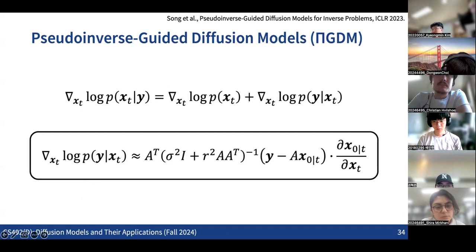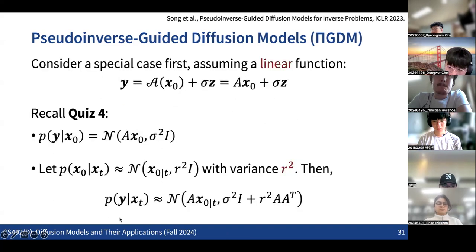From all the calculation, what we can see is that, if I go back to the previous slide, we model this conditional distribution, x0 conditioned on xt, as this Gaussian distribution, so we can calculate the mean here. The thing is that we are giving some kind of arbitrary variance here, as an isotropic variance.